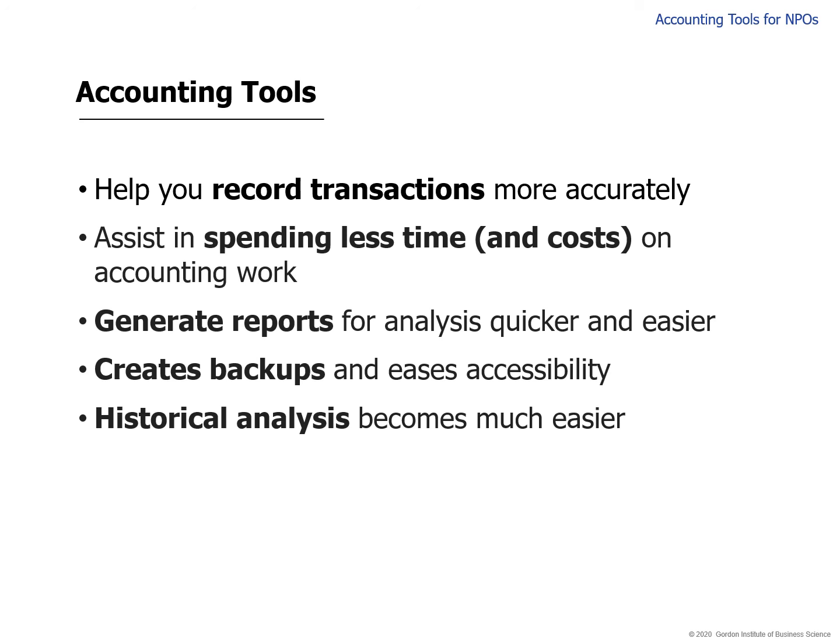The reason why we look for these tools is so that they enable us to record our transactions more accurately. If we are making fewer mistakes, we have more accurate financial information, and if we have more accurate financial information, we can make better financial decisions.